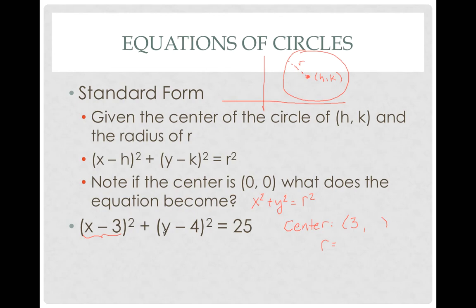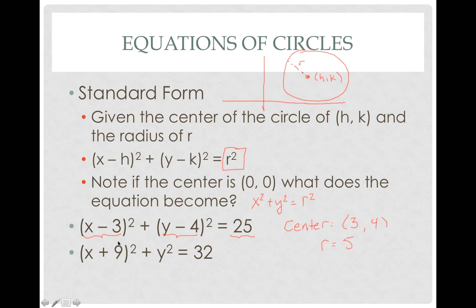And if I plug in a positive 4 here, that makes this 0. Therefore, 4 is the y coordinate to my center. And since the radius is squared in my equation, 25 is not my radius. My radius is going to be whatever squared gets 25, and we know that to be 5. And therefore, we could have a center of 3, 4 with a radius of 5.